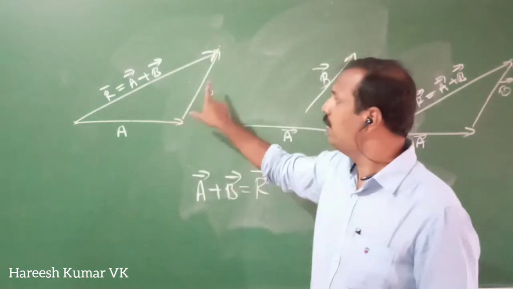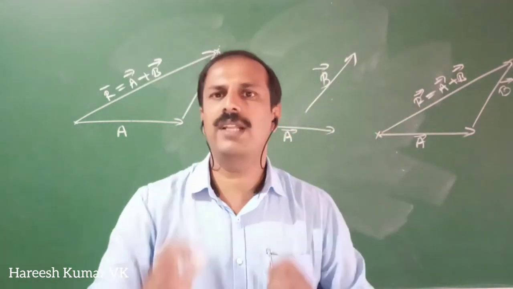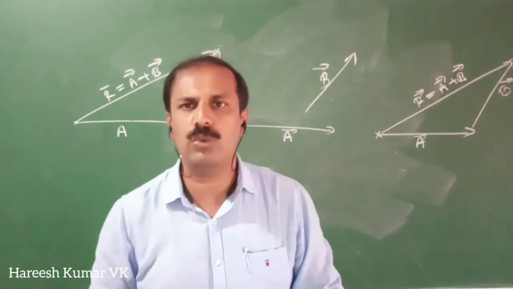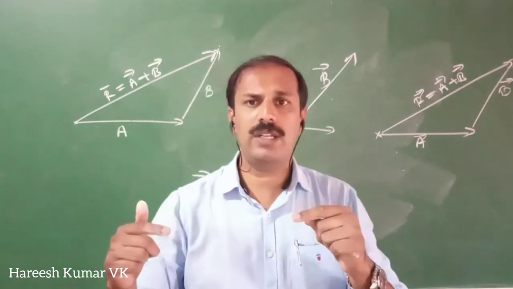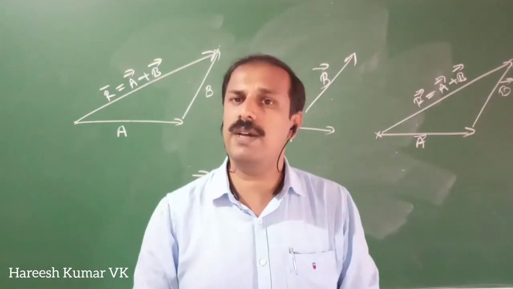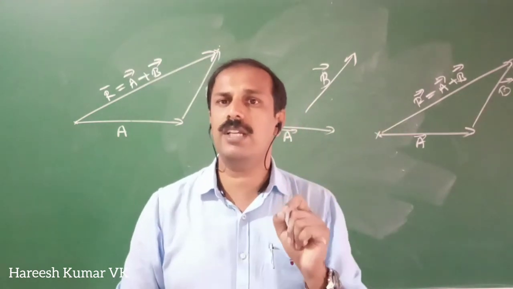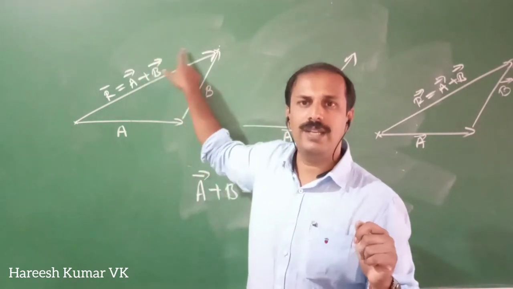So this is one method of adding vectors. Once more, let me make it clear what to do. If you have two vectors to add, you take these two vectors together, and the first vector you keep at a point, and the second vector you arrange in such a way that the tail of the second vector comes on the head of the first vector. Then you will get the head here.